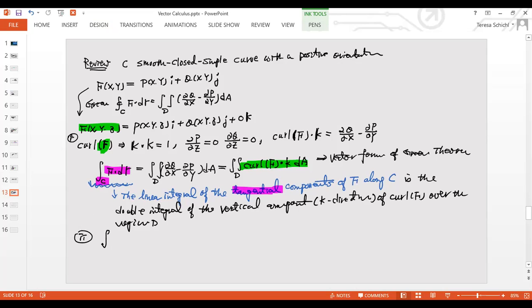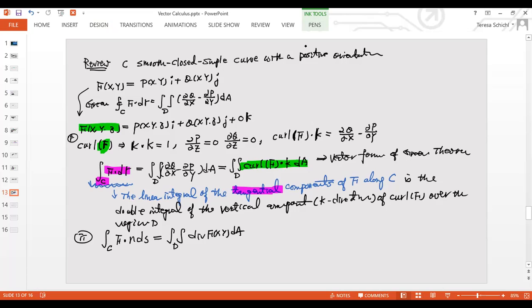Here, if I have the C, still a closed simple curve, then F dot n ds, these we can rewrite as the double integral of the divergence of F of xy dA.